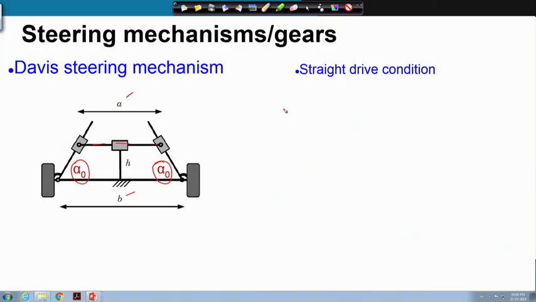I can write cotangent of alpha naught is equal to this distance divided by this distance.